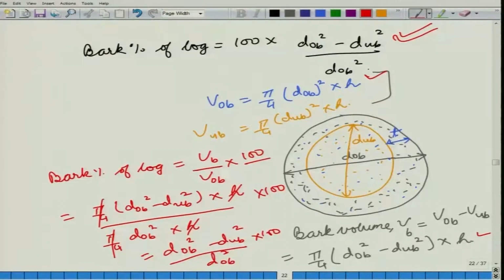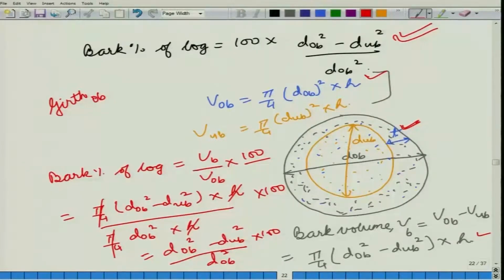Now, in some situations we might need to measure the thickness of the bark. Why should we be measuring this thickness T? Why is that important? This thickness might be important because in the case of a tree, it is very easy to get the girth over bark.